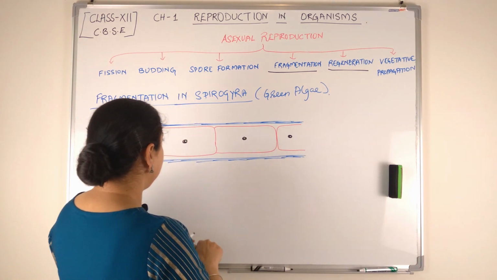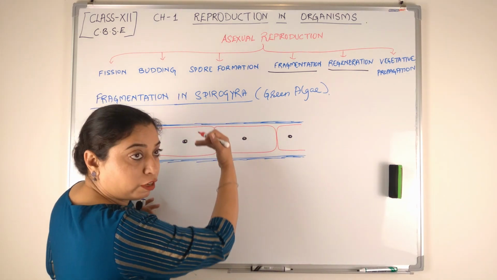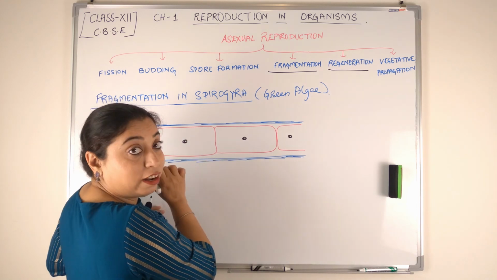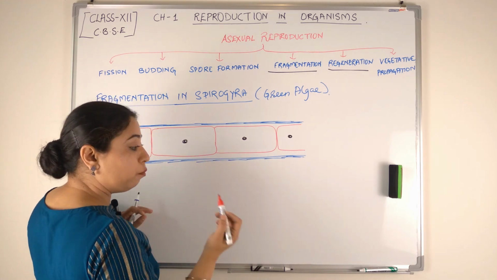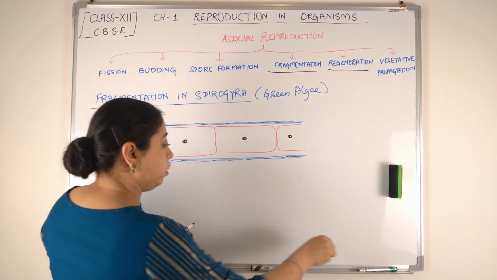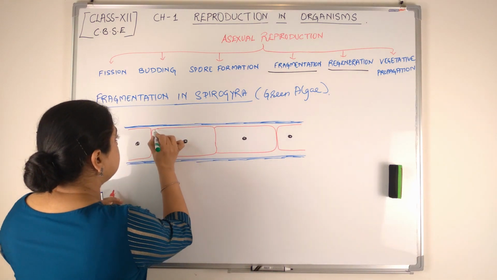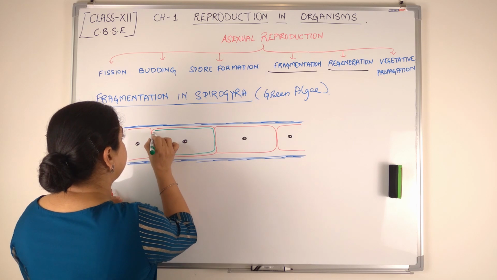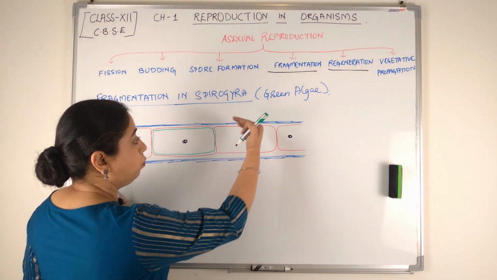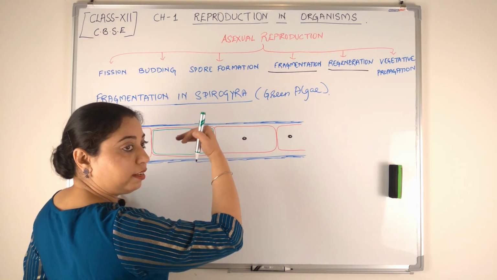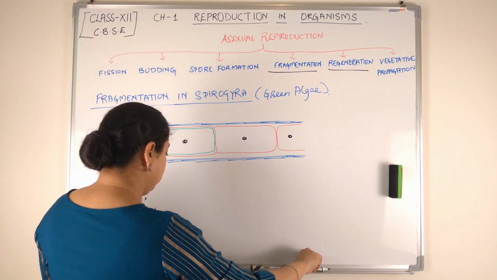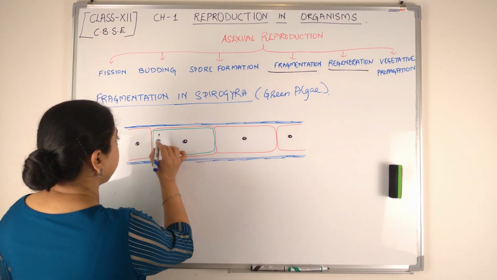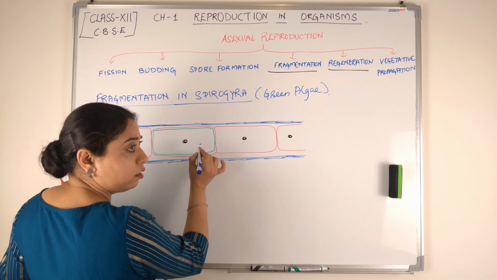This outer covering after the mucilaginous sheath is known as the cell wall. Then there is one more layer, which is known as the cell membrane. So mucilaginous sheath, then cell wall, then cell membrane, and then comes the cytoplasmic structure.